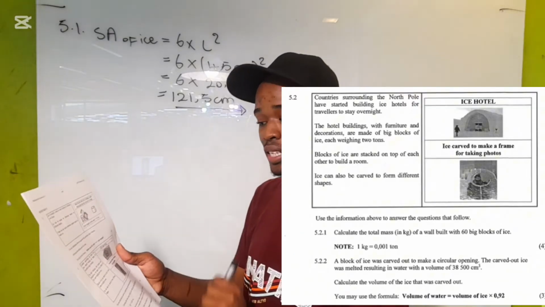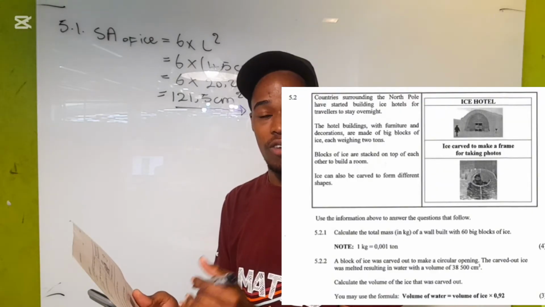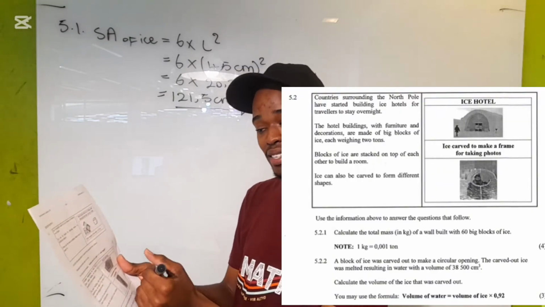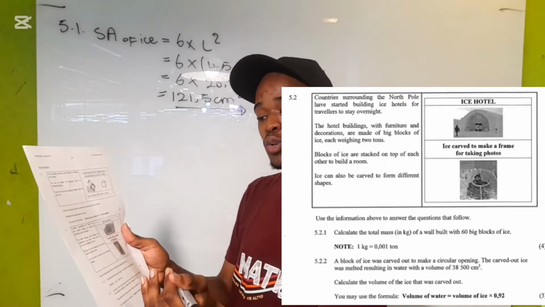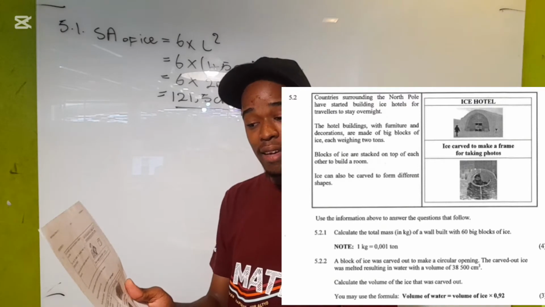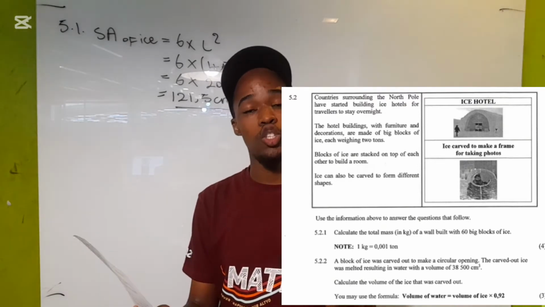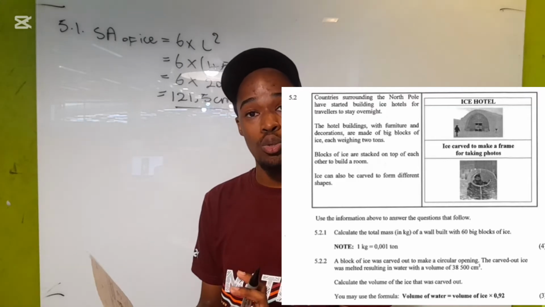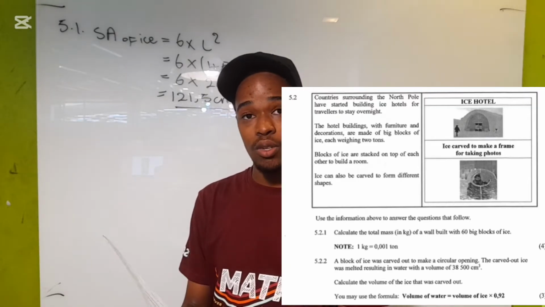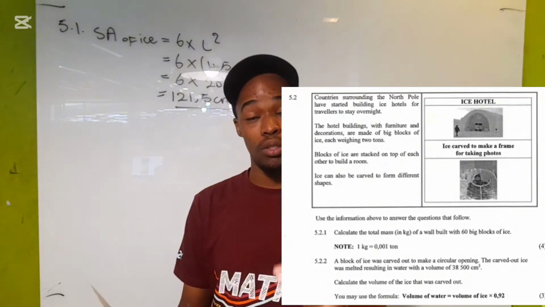But when we look at the dimensions there, we have not been given our dimensions in kilograms. We've been given them in tons, and we've also been shown how to convert from kilograms to tons. So this means that we first have to take the weight of one ice block, which is 2 tons, and convert it to kilograms, and then after that we're going to multiply it by the number of blocks that have been used to build this wall.